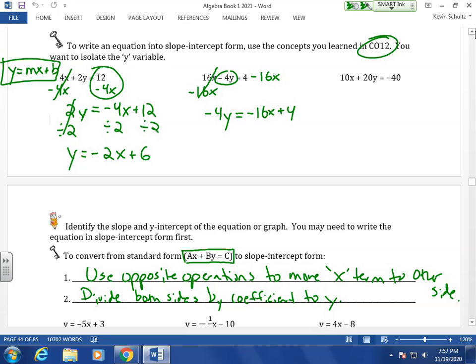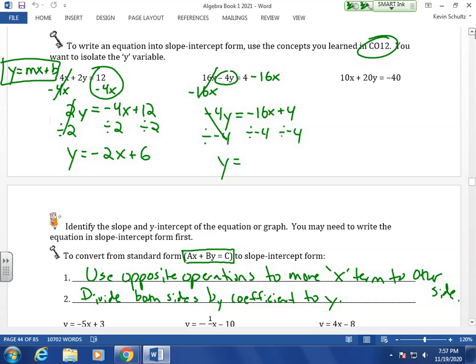So step 2, when I divide both sides by the coefficient to y, that's what I'm going to be dividing by. Divide by negative 4. I'm going to do it to both terms on that right side. So negative 4y divided by negative 4 on the left is just y by itself.